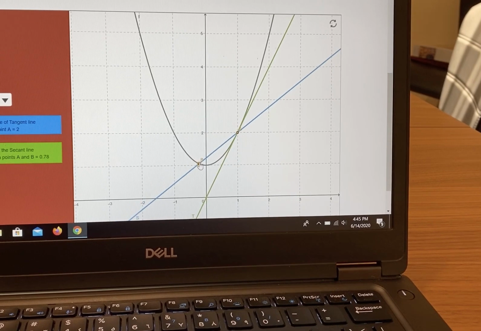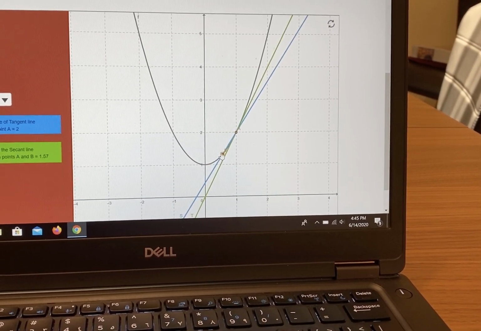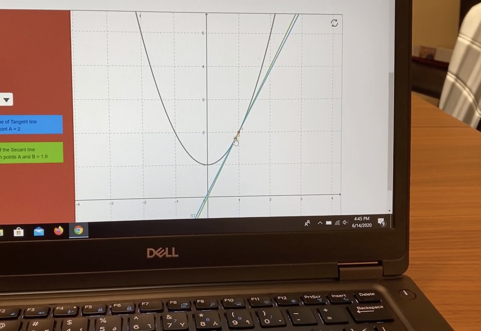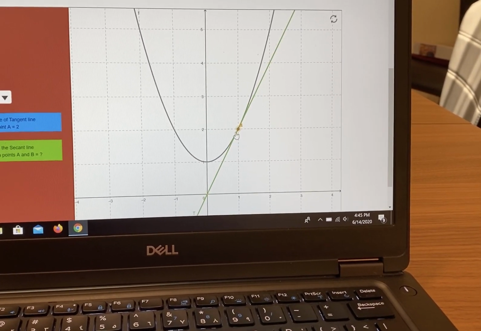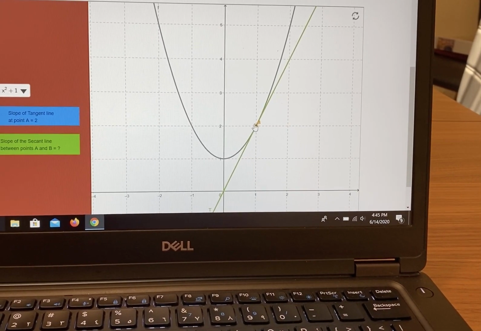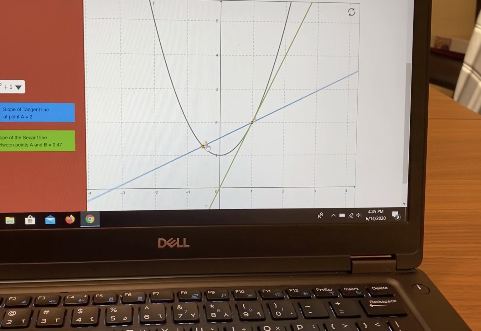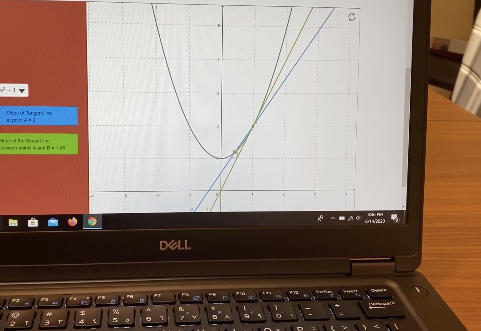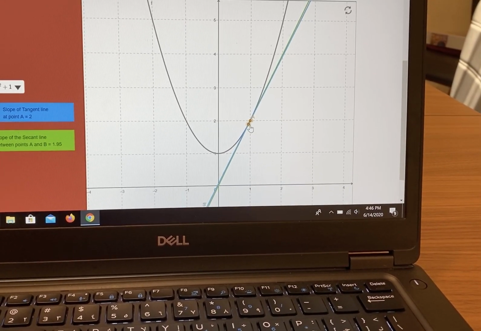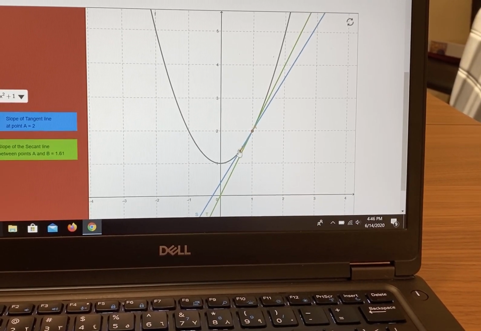But if B, which is the point on the secant, is chosen such that B approaches A, what happens to the green line and the blue line, the blue line being the secant line and the green line being the tangent line? As B approaches A, the secant line and the tangent line overlap.